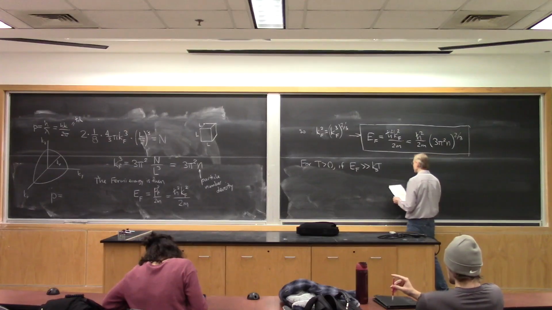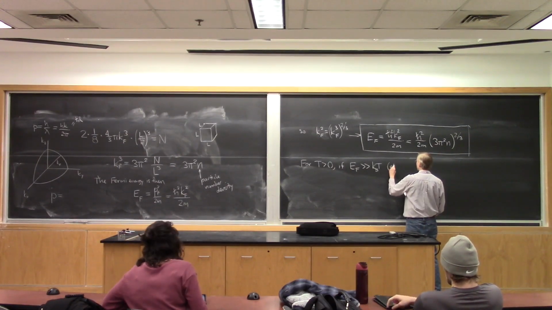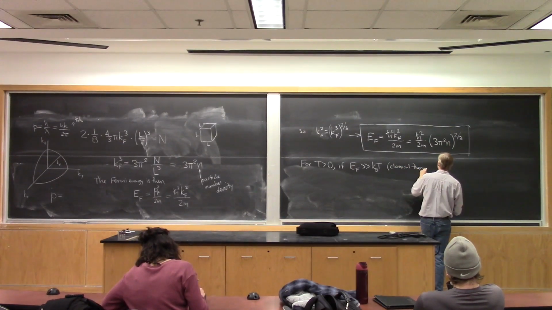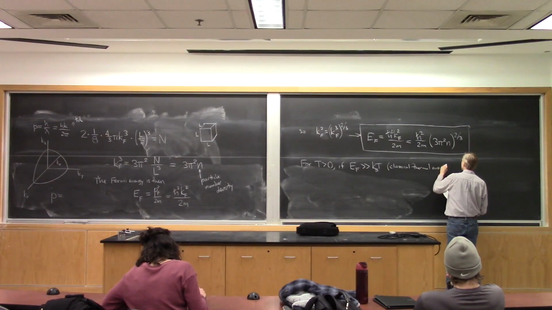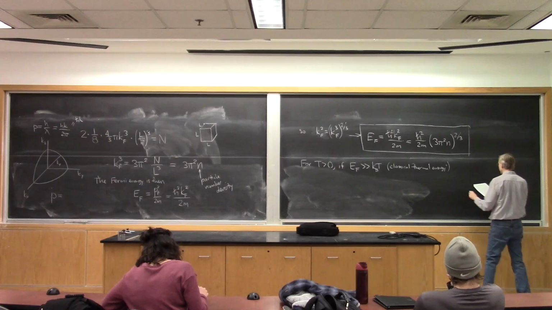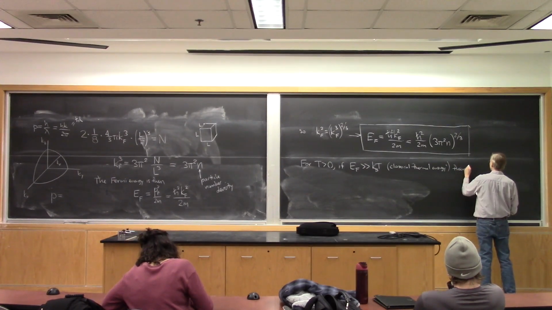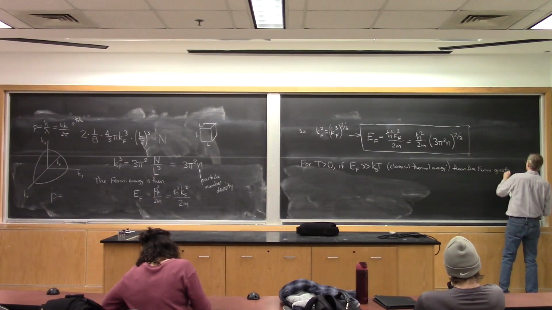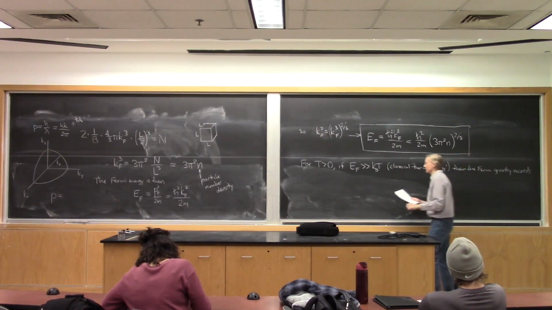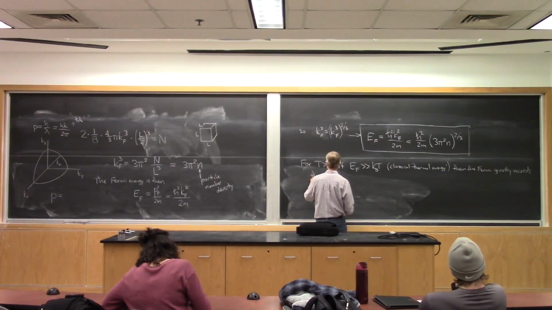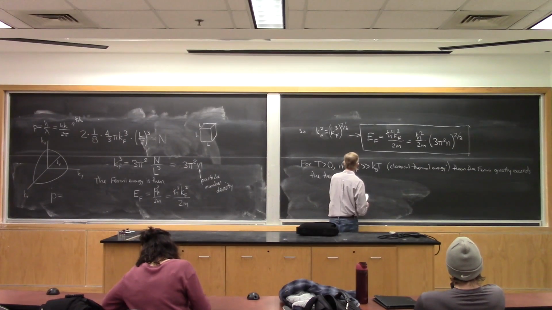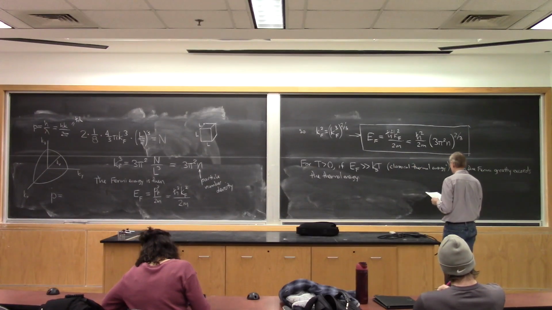If the Fermi energy is much greater than that, the classical thermal energy, the typical energy of a particle, then the Fermi energy greatly exceeds the thermal energy. It's a little repetitive, I'm just trying to be clear here. The Fermi energy is much more than the thermal energy.